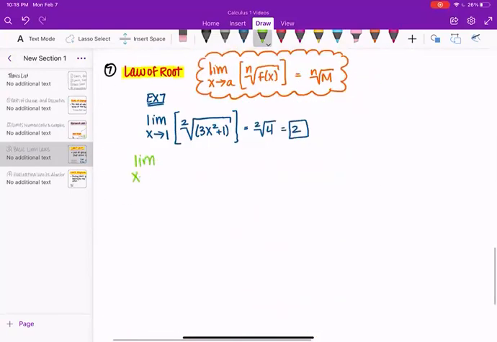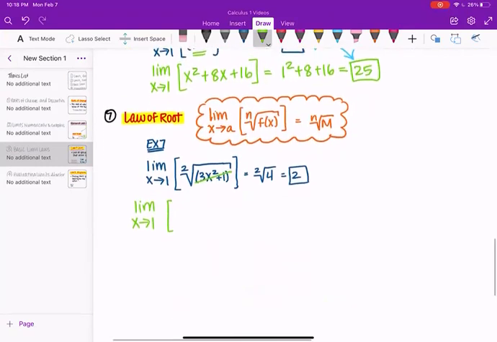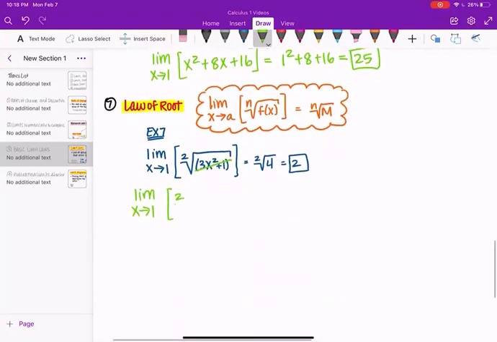So limit as x approaches 1. Actually, we'll do a different example than that one because that one's kind of tough. We'll just do the inverse of this. So if I did x squared plus 8x plus 16, right?